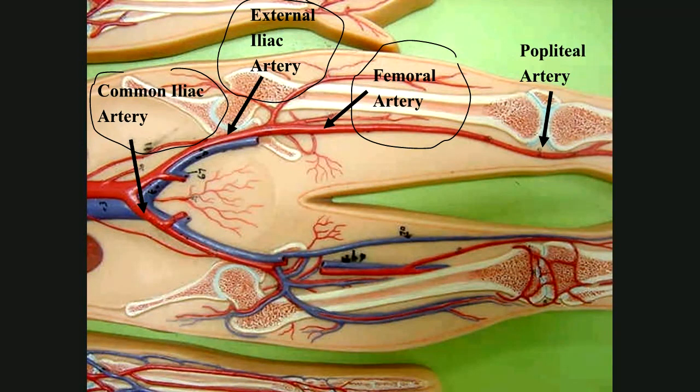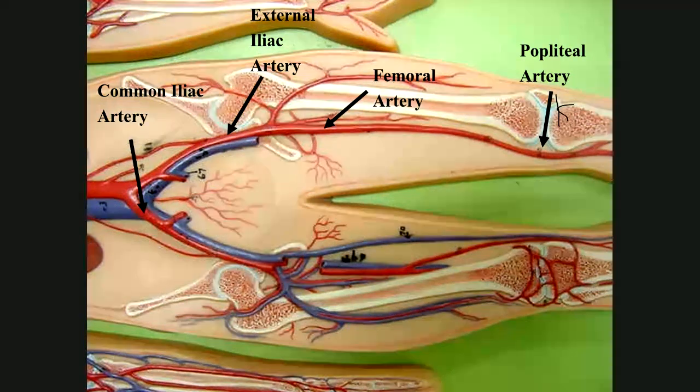If we keep going, the artery keeps going, but look, the bone ends. Right here's your knee. And if you remember what the back of the knee is called, it's called the popliteal area. And so the artery that's behind the knee is the popliteal artery. You can also call it popliteal. And then it keeps going.